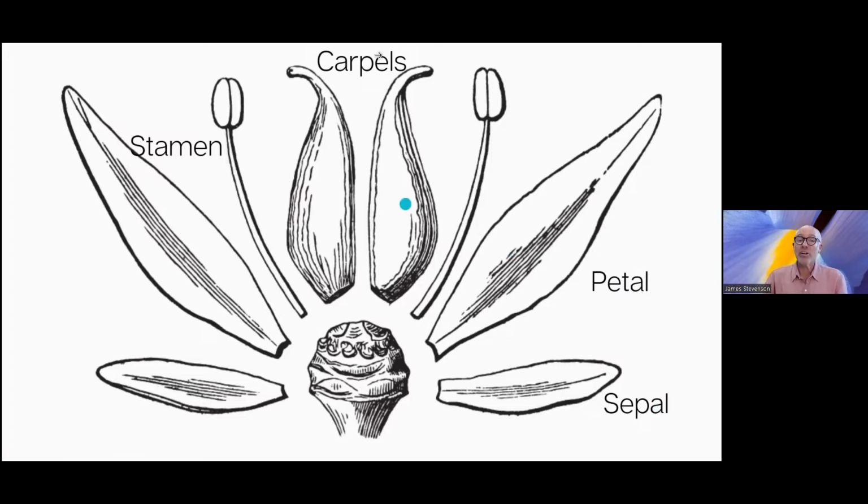And finally, in the very center, we have one or more carpels, and that's the mystic middle. Because the carpel, each carpel, and they could be separate, they can be fused all together, but the carpels all have stigma, style, ovary, and inside the ovary is the egg that's going to become the seed.